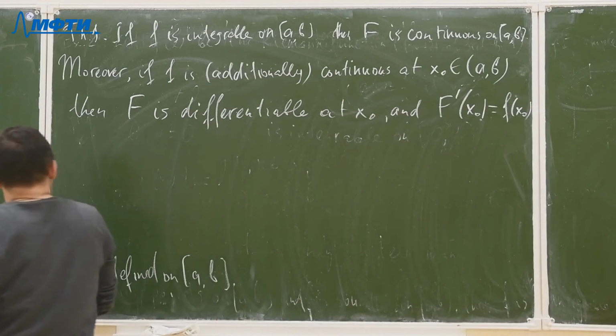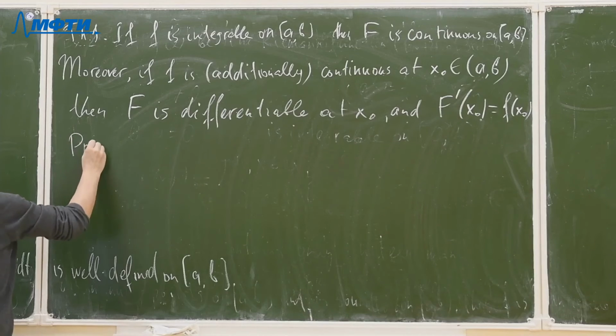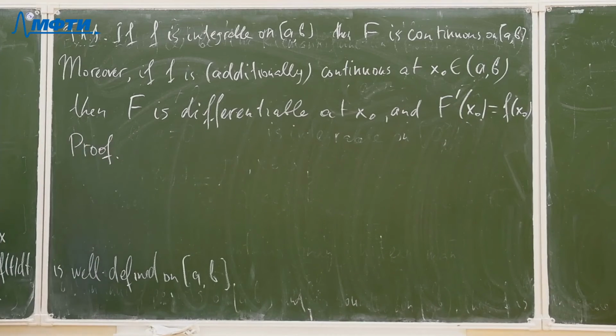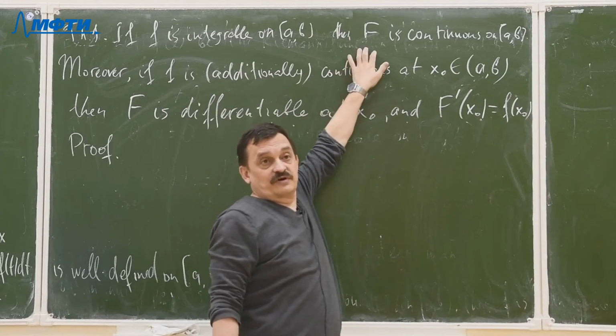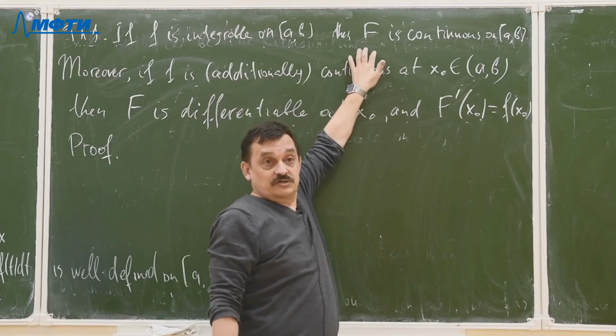Proof. So you see that, roughly speaking, the integral gives more properties for the function. If f is only integrable, then the integral with variable limit is continuous.